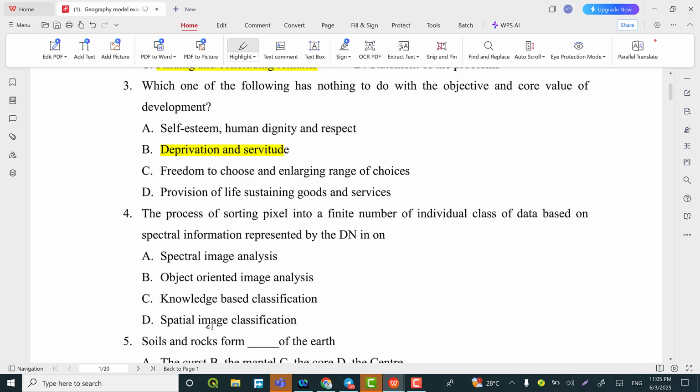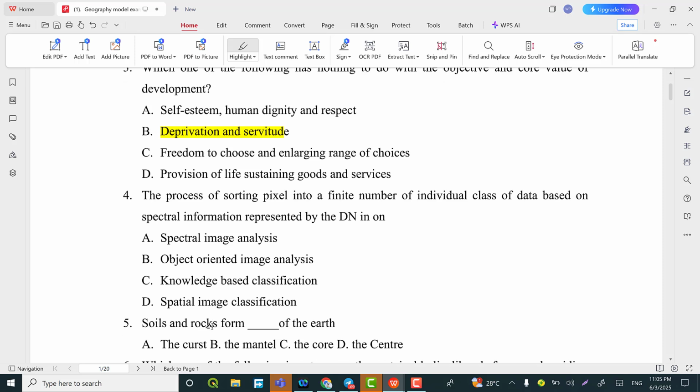Question number 4 is mainly focused on GIS and remote sensing. The process of sorting pixels into a finite number of individual classes of data based on spectral information represented by the digital number is A. Spectral image analysis. B. Object-oriented image analysis.